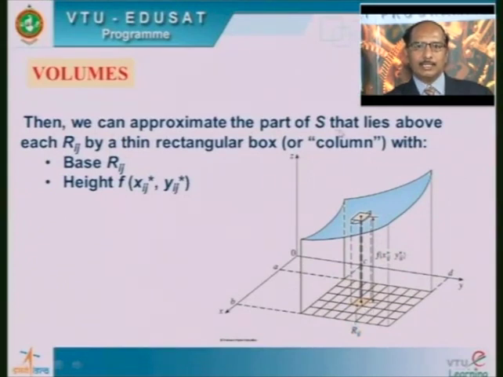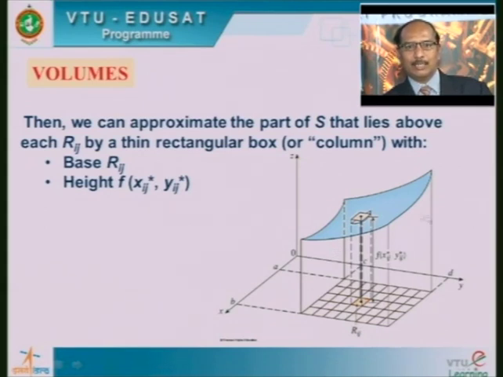So S is approximated by the part of S that lies above Rij, above this small rectangle, by the thin rectangular column, corresponding function gives the column here. So the base is Rij, then the height of that rectangular box is f of xij star, yij star.